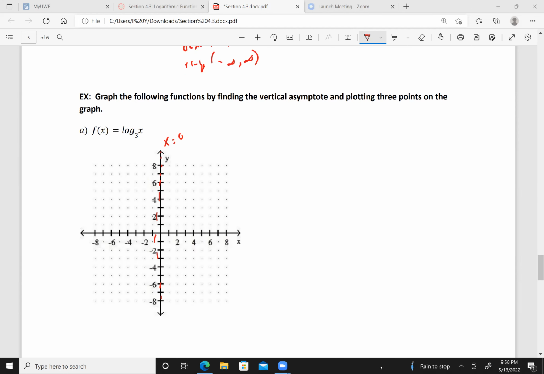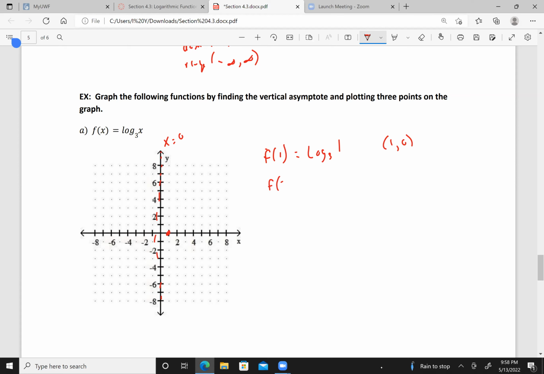If I let x be 1, f of 1 is log base 3 of 1, well, 3 to the 0 power. So I have 1, 0 right there.